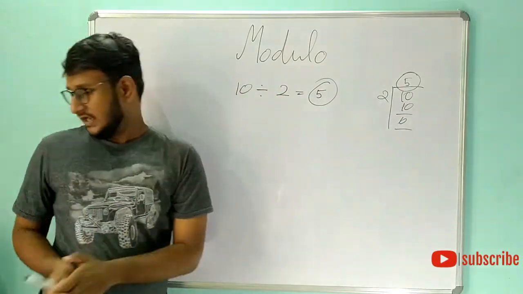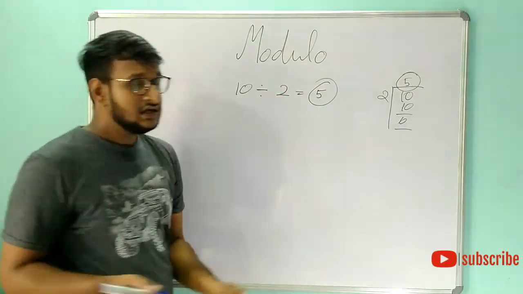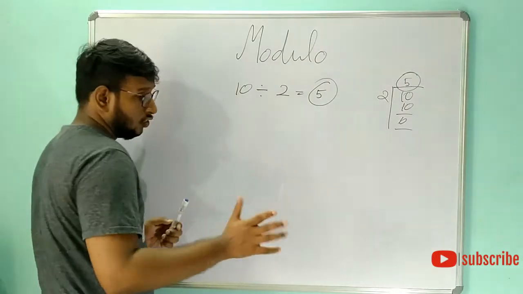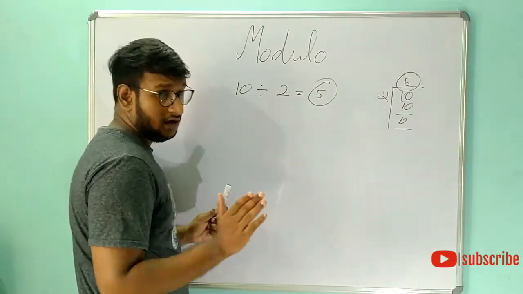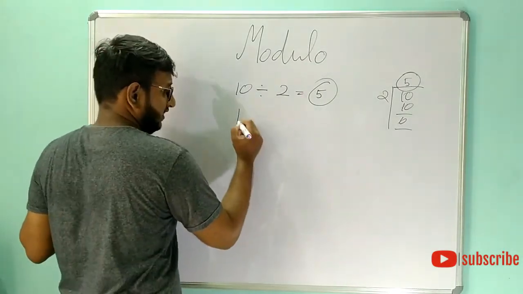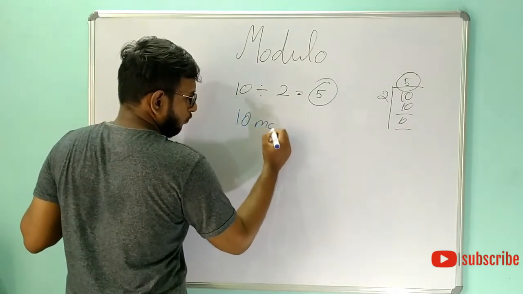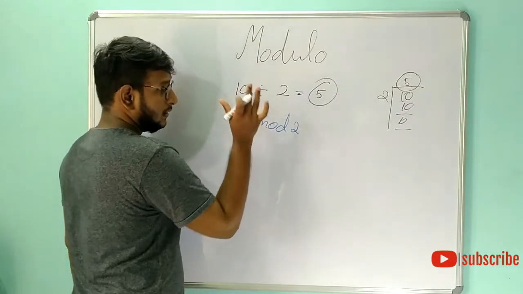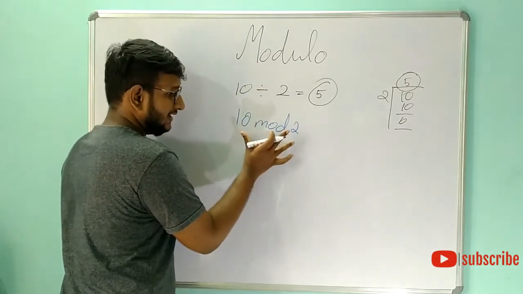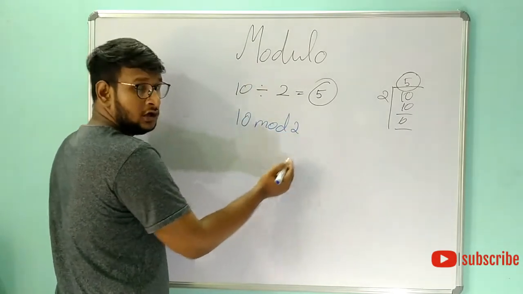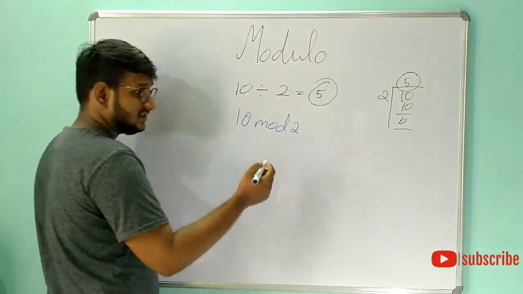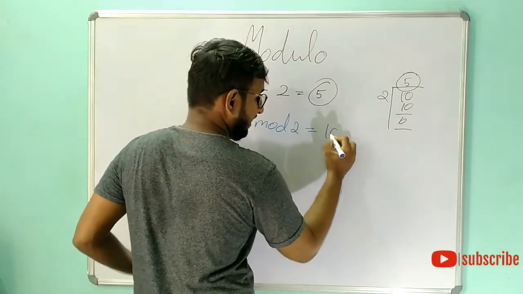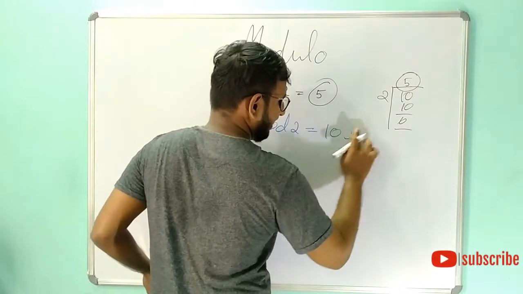Similarly, in the case of modulus, we represent modulo in this way: 10 mod 2. We usually represent the modulo operation like this.